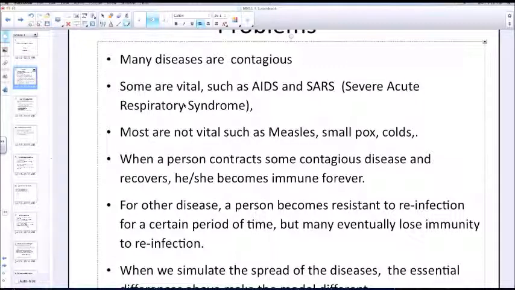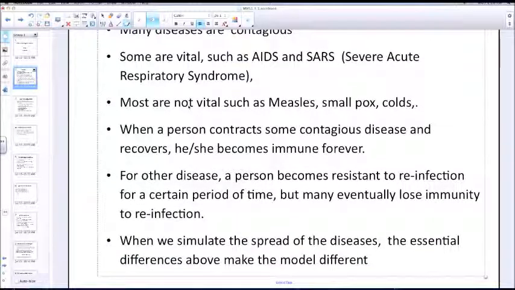So with some diseases, when a person contracts and recovers, he or she becomes immune forever, such as smallpox. For other diseases like flu or colds, a person becomes resistant to reinfection for a certain period of time, but many eventually lose immunity and become reinfected.